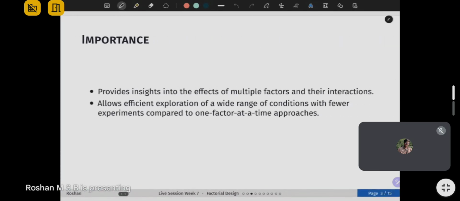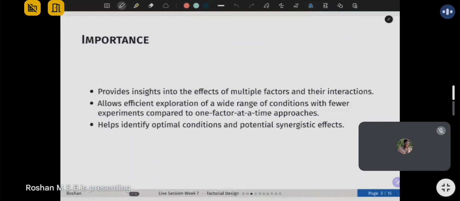It might not be the most efficient way of doing it, because you have to do multiple experiments if the number of factors and levels become more than three or four. That might be difficult to carry out, but it's certainly more beneficial than a one factor at a time approach, where you just take a single factor, analyze the effect, and come to a conclusion.